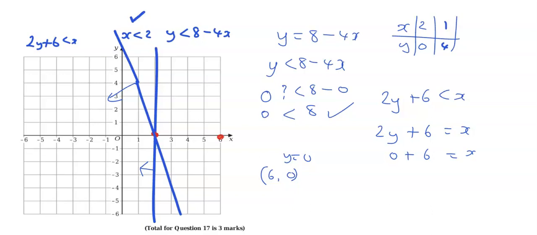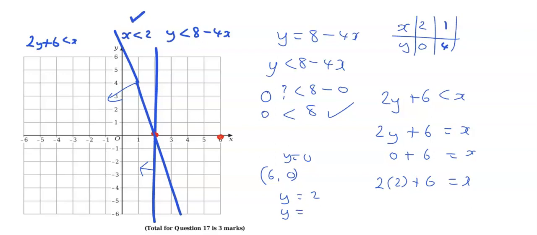And then I can choose another value for y. So let us say y equals 2. 2 times 2 plus 6 equals x. That's a bit too much. We'll have to do y equals 1.